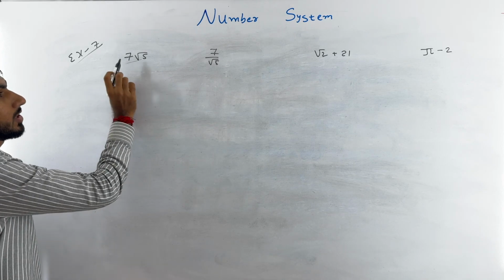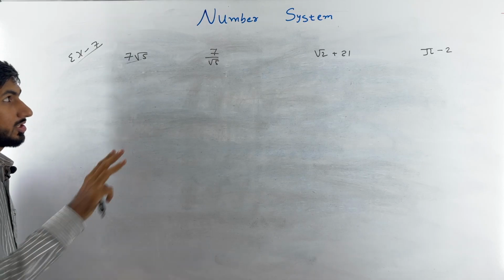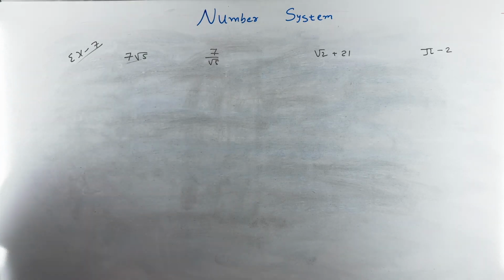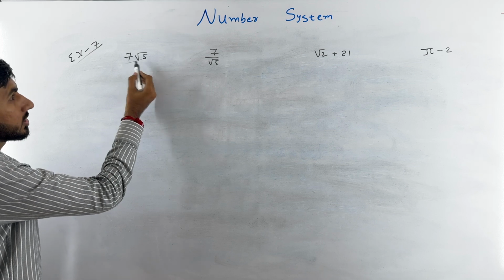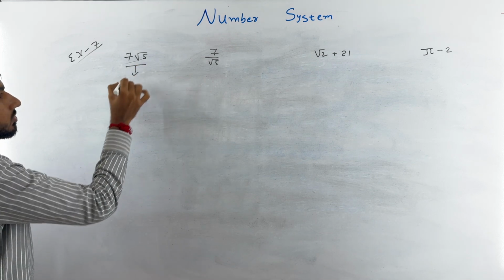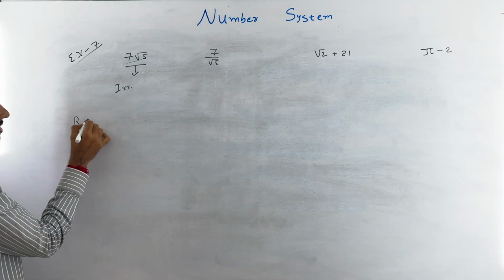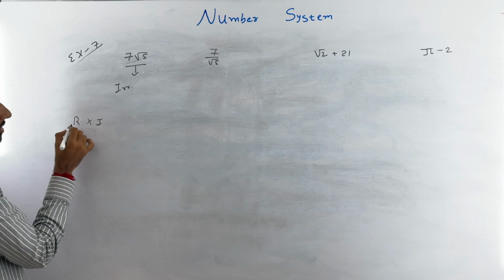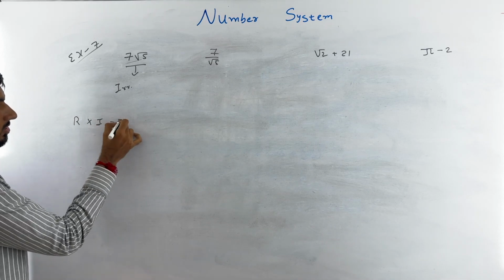So if I multiply, what we have learned in the starting of the lecture, that multiplication of one rational number and one irrational number is always irrational. So answer for this is irrational. Why? Because we all know that if I multiply a non-zero rational number with an irrational, my answer will be irrational, right?